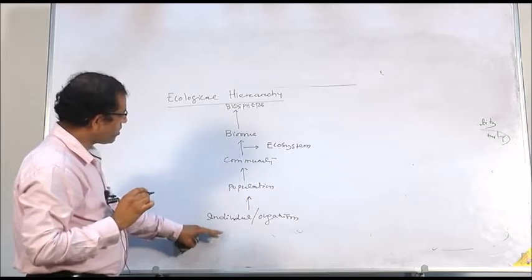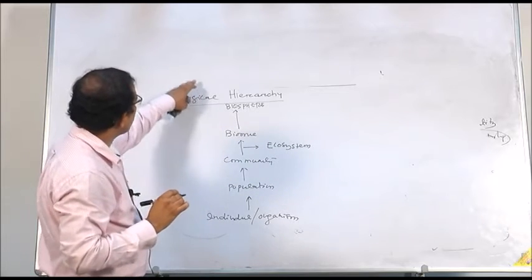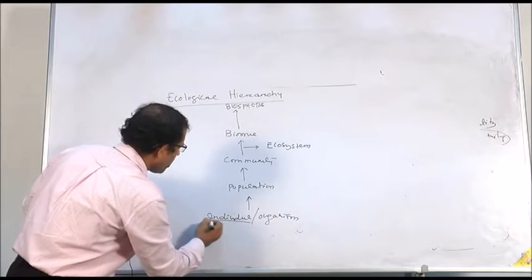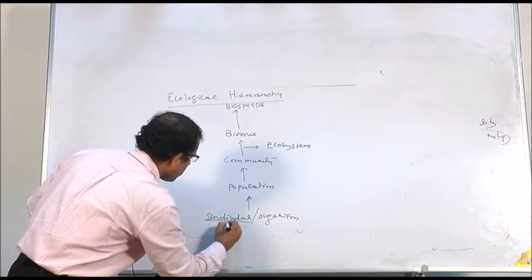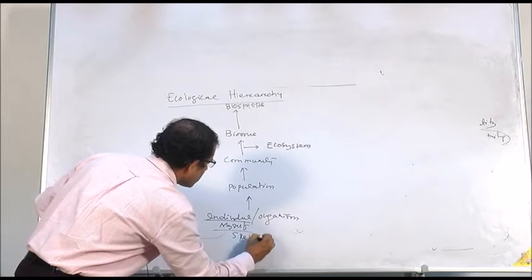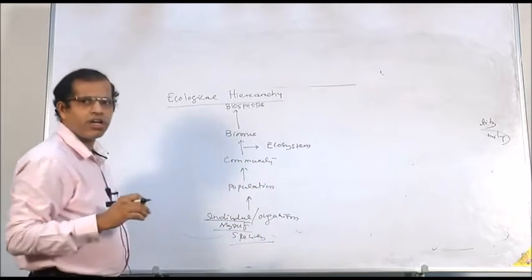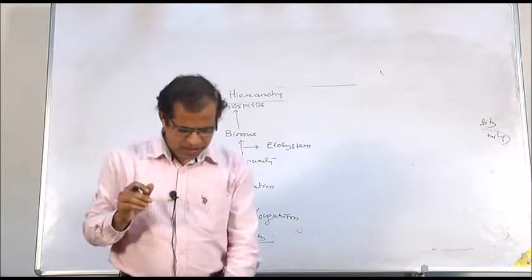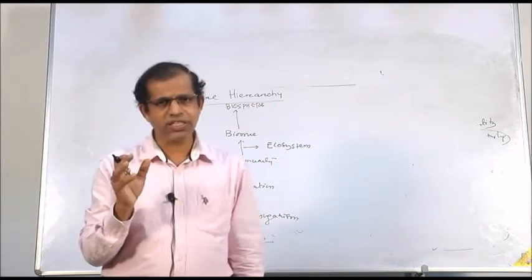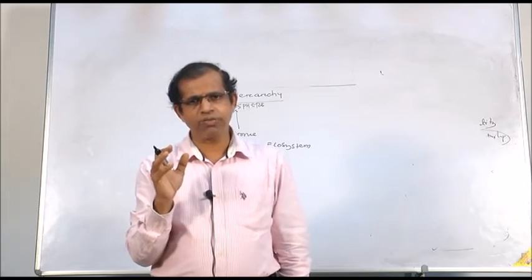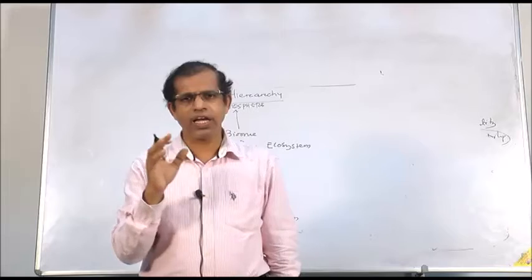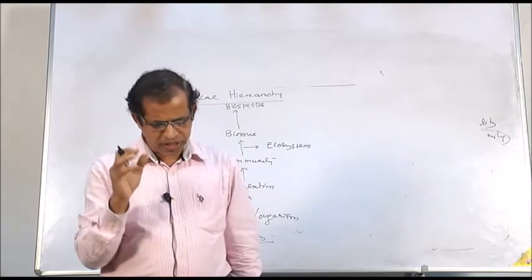If you are moving from the organism towards the higher levels, the individual, suppose myself, or a species, is an organism. So what is an organism? An organism is a biological unit having the capacity of growth, reproduction, and interaction with biotic and abiotic components.